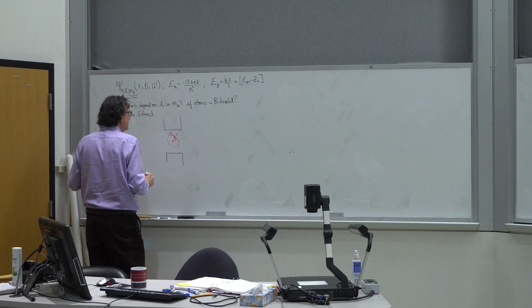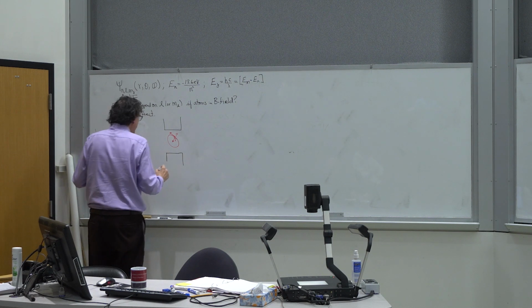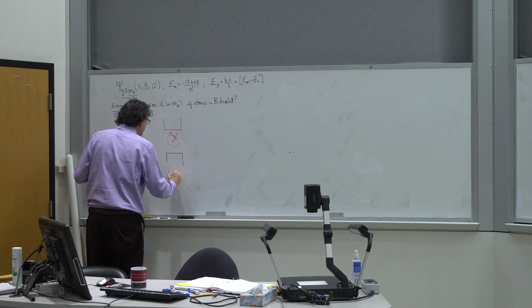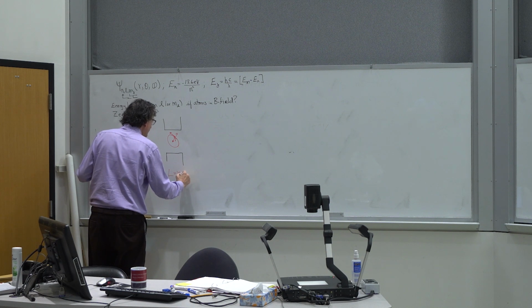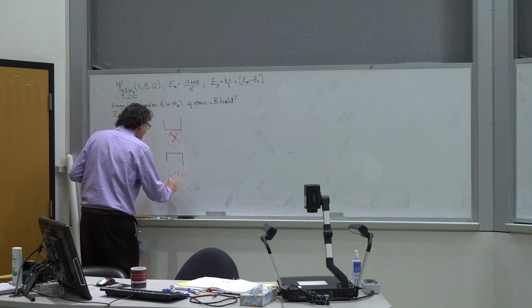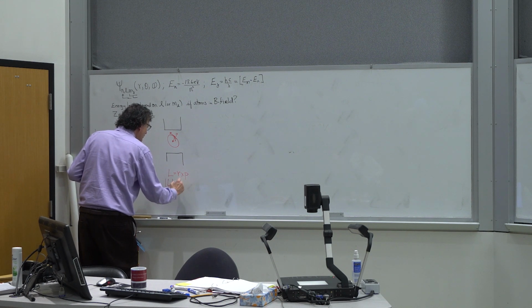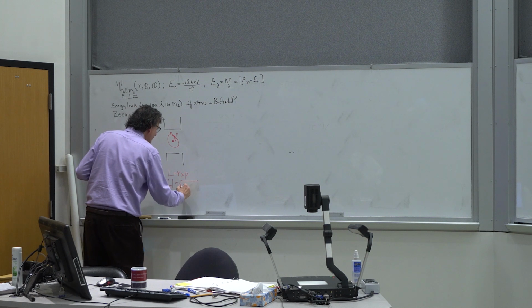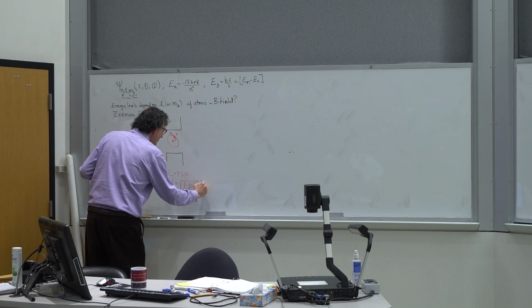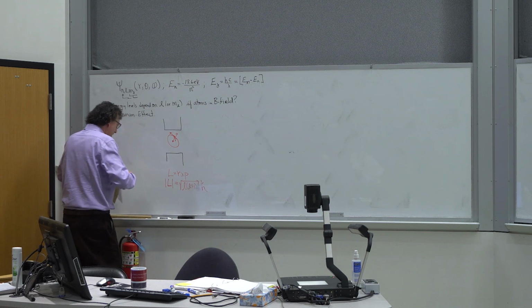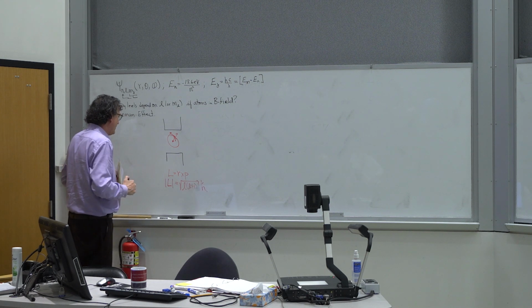Then I find that L is equal to r cross p, and these values are quantized. In particular the magnitude of L, according to the Schrodinger equation, is the square root of l times l plus 1 times h bar. And so this is what we had for the angular momentum.